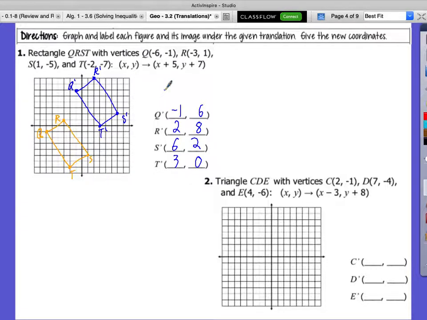Negative 1, 2, 7 would be negative 1 this way, but 7 up. I gotta plot it. I'm gonna check. Done. I'm happy. Can you check it?